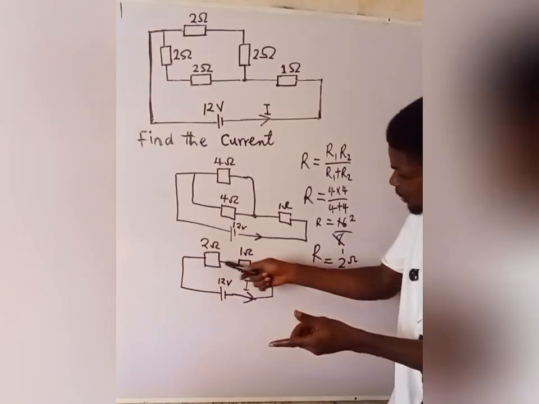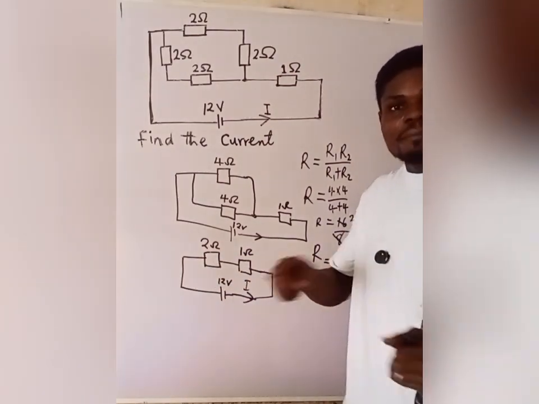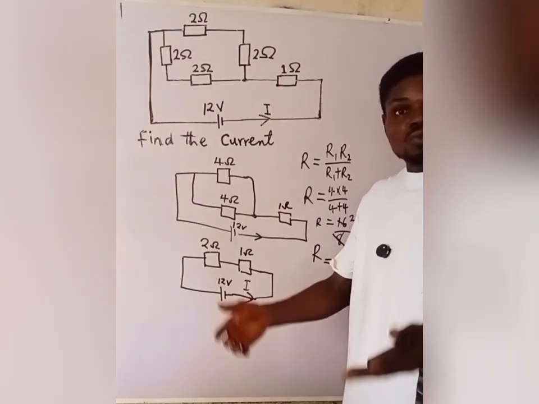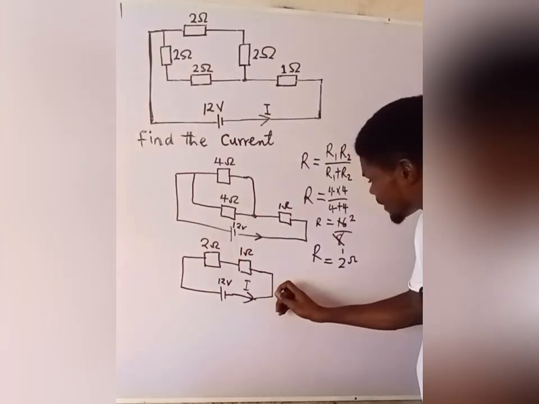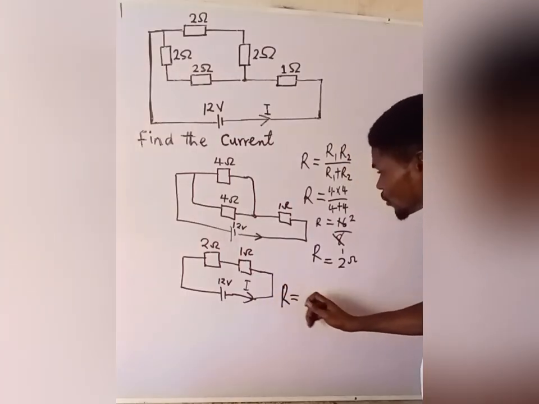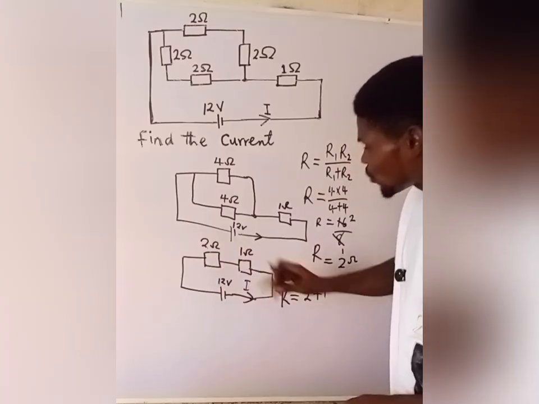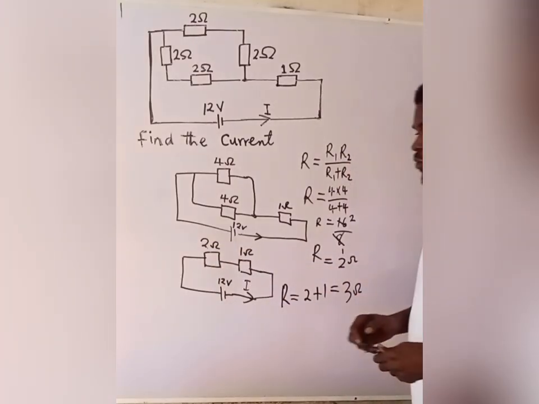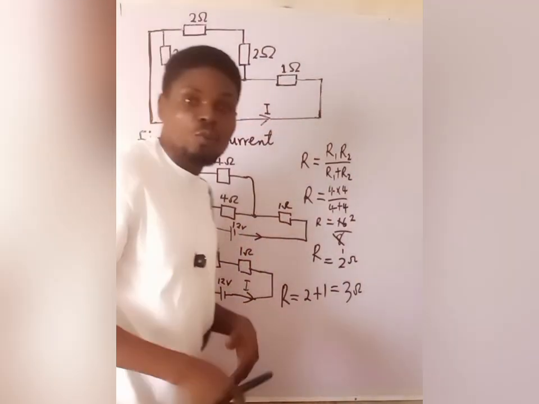That is end to end, straight line. So what we're going to do in this case is to add them straight up. When resistances are arranged in series, all you need to do to get their equivalent is to add them straight up. Then, in this case, our R is equal to 2 plus 1. That is these 2 ohms plus this 1 ohm. And it gives us 3 ohms.